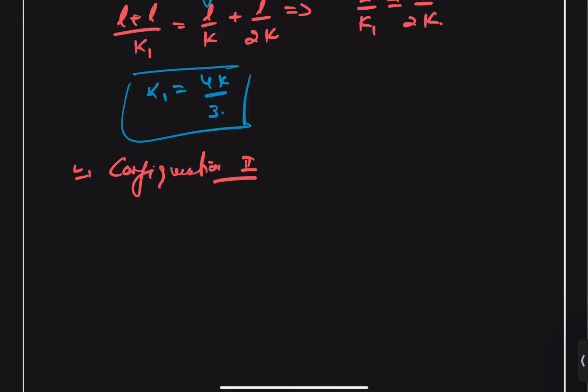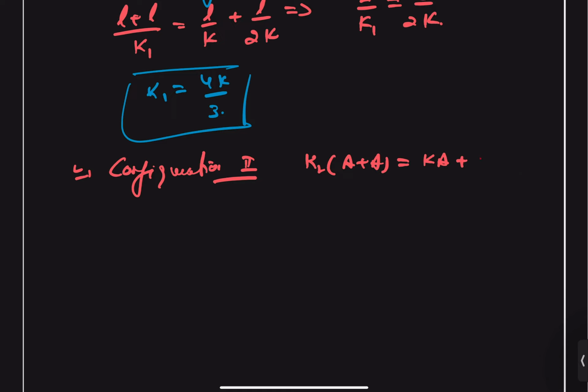Similarly, we can write for configuration 2 also. For configuration 2, we can write that K2 multiplied by A plus A will be equal to KA plus 2KA. Now let me write it differently.